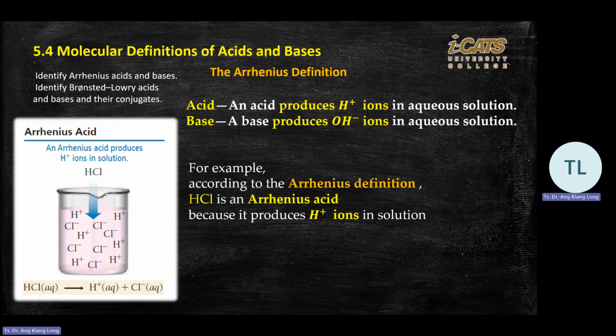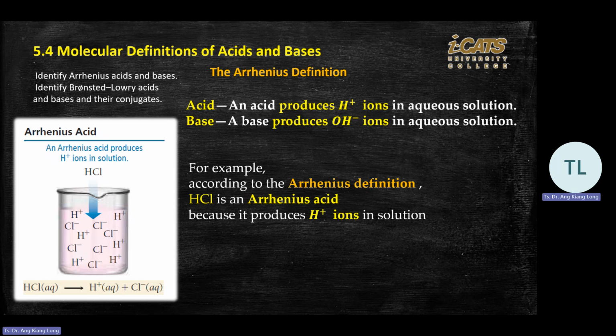So the complete answer, if I ask you about HCl and to define whether it's acid or base, this will be the full answer. You give me the Arrhenius definition. Then from this definition, you tell me why HCl is an acid, because it produces H ion in solution. You need to add the stoichiometric or chemical equation.